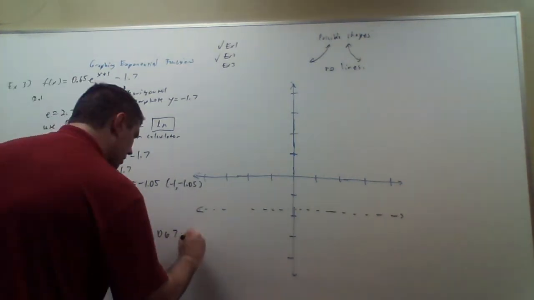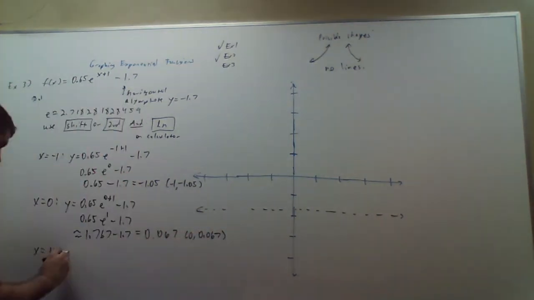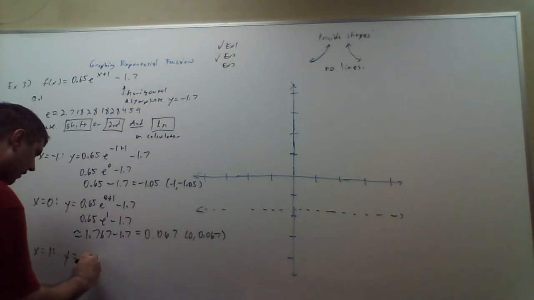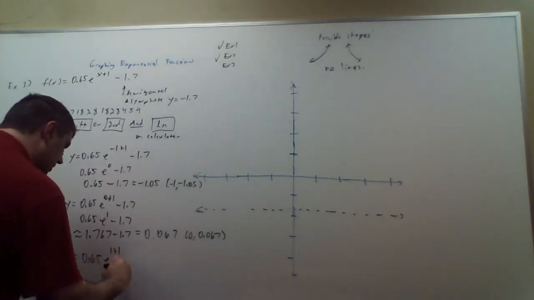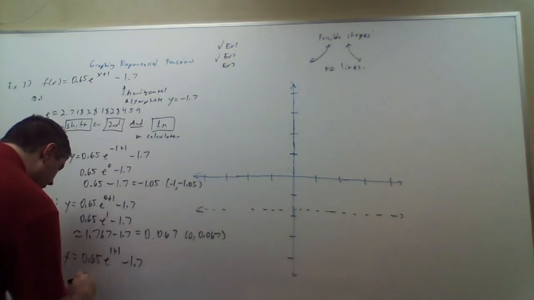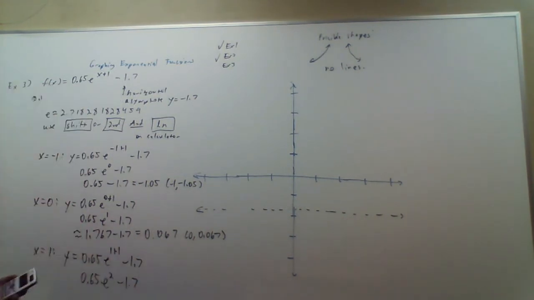So 0 and 0.067. And then x equals 1. y equals 0.65 e to the 1 plus first, minus 1.7. That's 0.65 e squared minus 1.7.